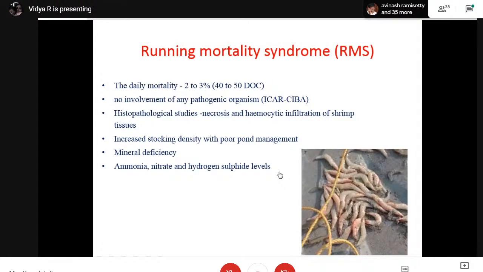The histopathological studies showed necrosis and hemocytic infiltration in the shrimp tissues. This may be due to increasing the stocking density beyond the recommended level, and the cumulative effect of the pond environment during the culture might be causing running mortality syndrome. It can also relate to mineral deficiencies and the levels of different metabolites.